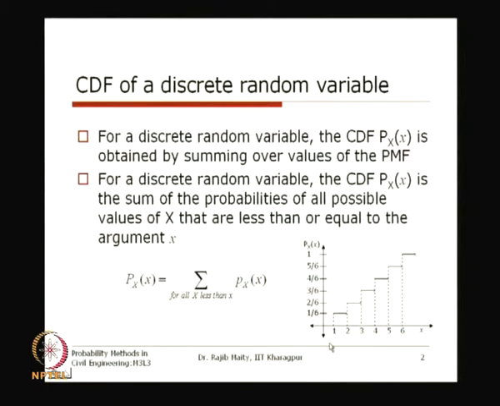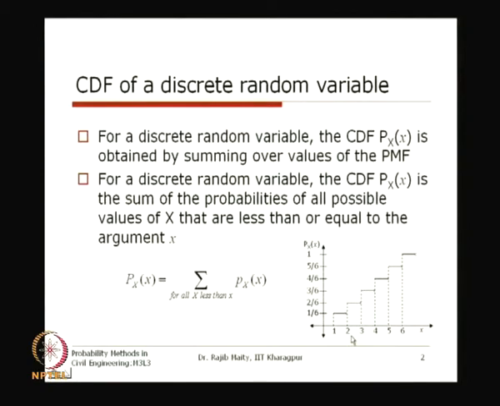Now, if we take our standard example of throwing a dice and getting 6 different outcomes, 1 up to 6, and if we say that all these are equally likely, then the PMF says that exactly for the outcome 1, the probability is 1 by 6, and for all such outcomes the probability is 1 by 6.